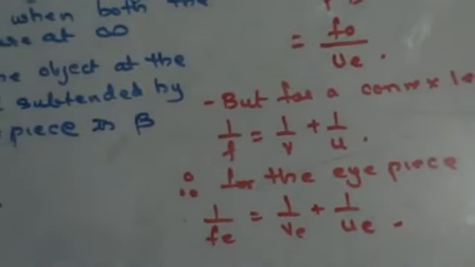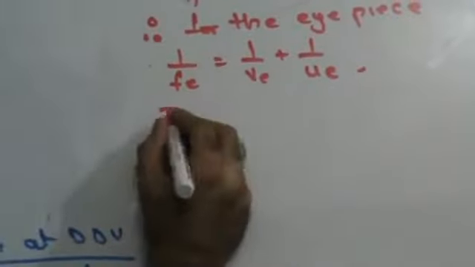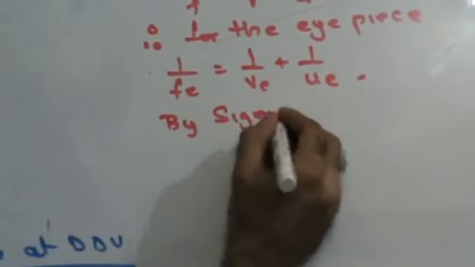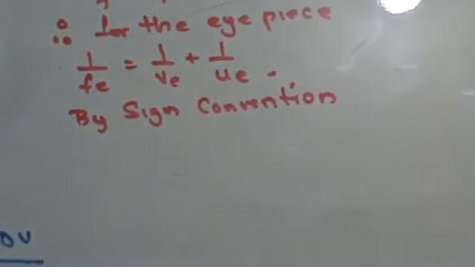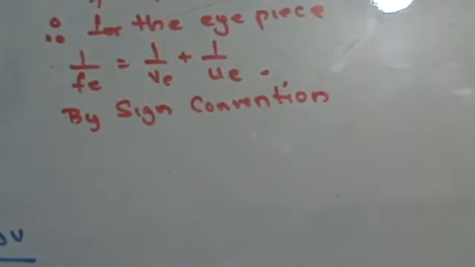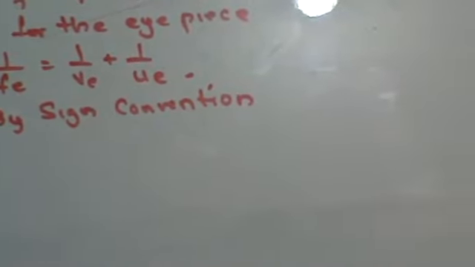Now I can apply sign convention. Both the object and the image are to the left, which means both are negative. UE and VE both are negative.